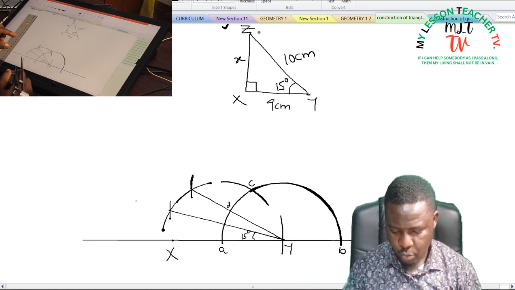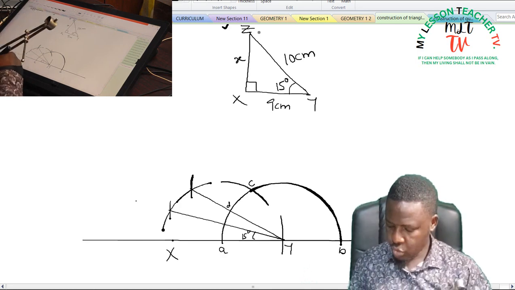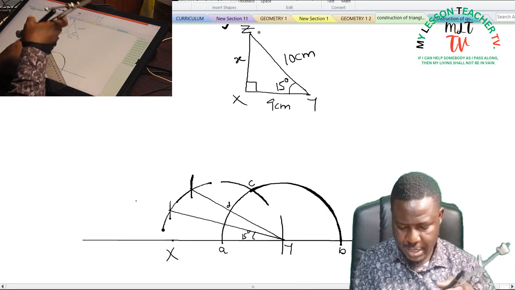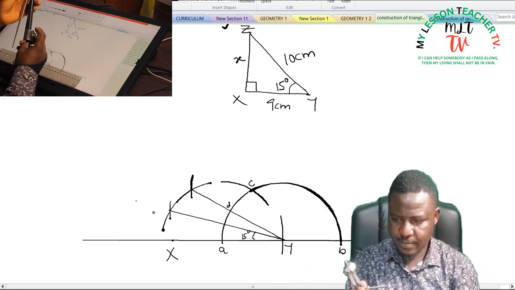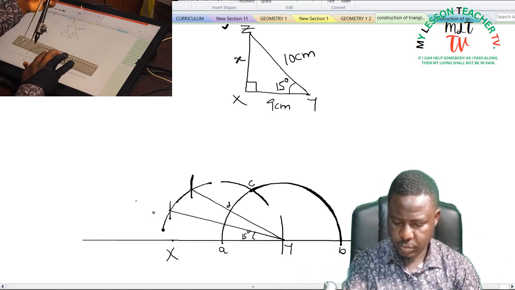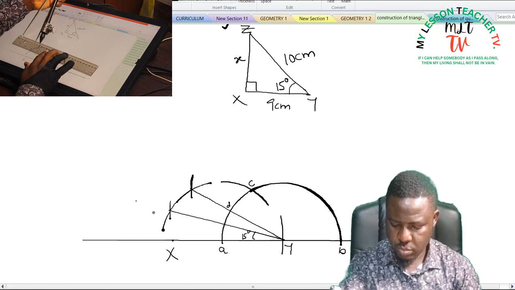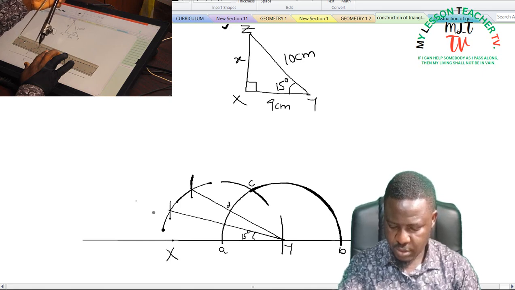So I'm going to construct a line segment 10 centimeters. So you adjust your compass to 10 centimeters.